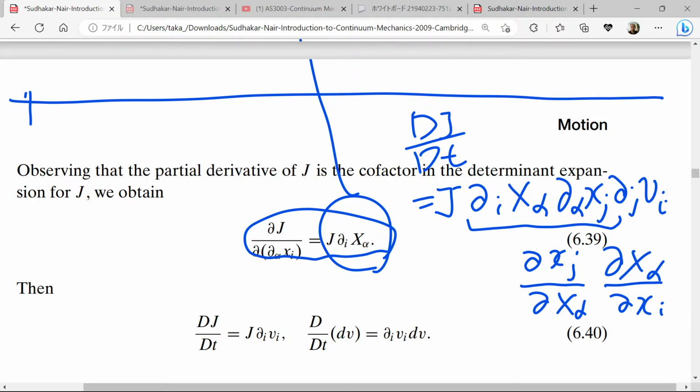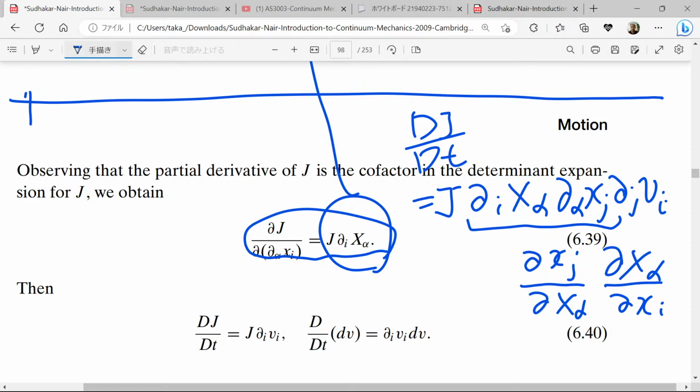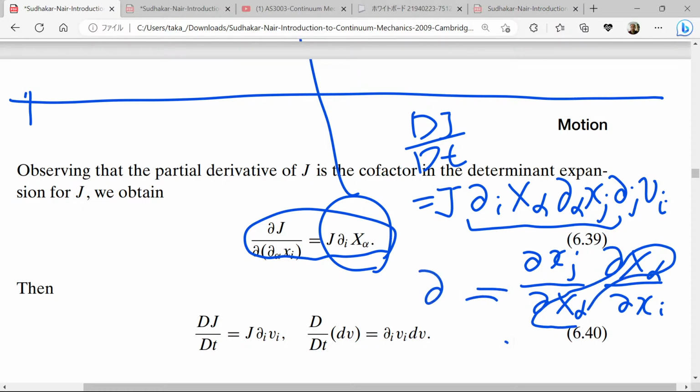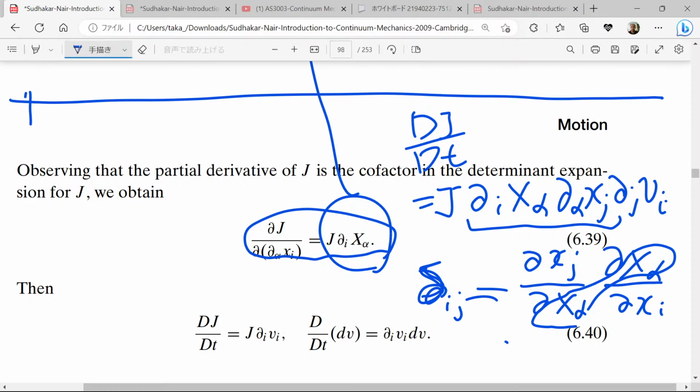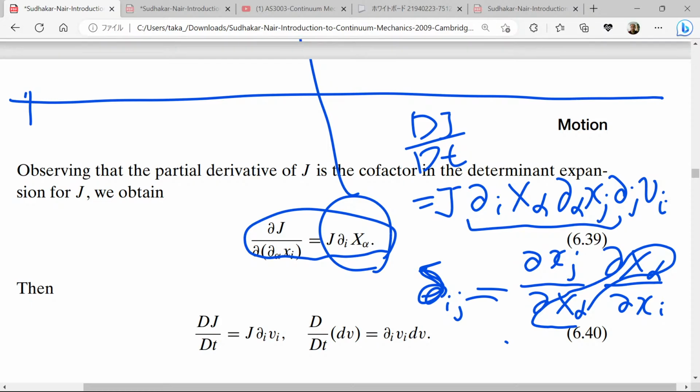So now we see X alpha is the intermediate parameter. So this one becomes the Kronecker delta, ij. Then we can choose either j or i. Now I choose j as a summation, so j and j here.